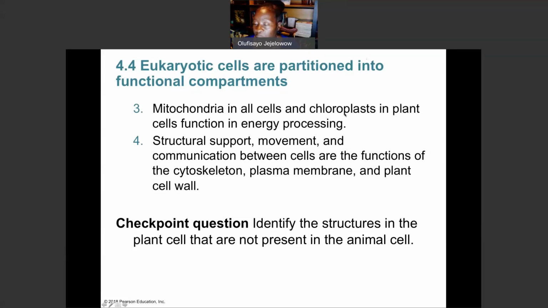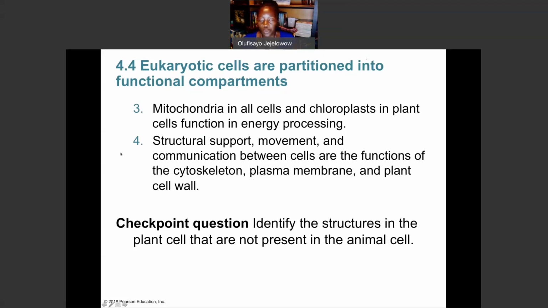Chloroplasts, found only in plant cells, help to tap energy of the sun and turn it into molecular energy in glucose and food products after that. Mitochondria are present in all cell types of eukaryotic organisms, but chloroplasts are found only in plant cells.